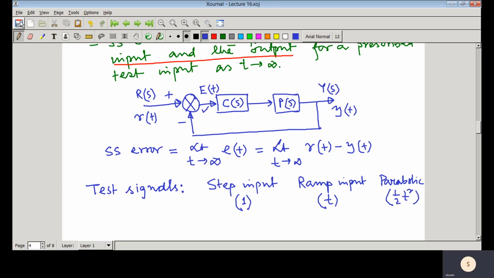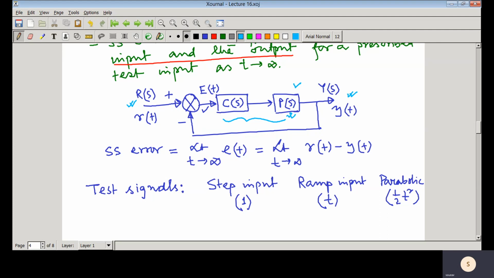So here what we are going to study: whenever we have a closed loop control system and we apply some standard signal like step input, ramp input, or parabolic input, we will get some output y(t) depending on the plant we have taken. In that case, we consider the controller and plant in combined form.